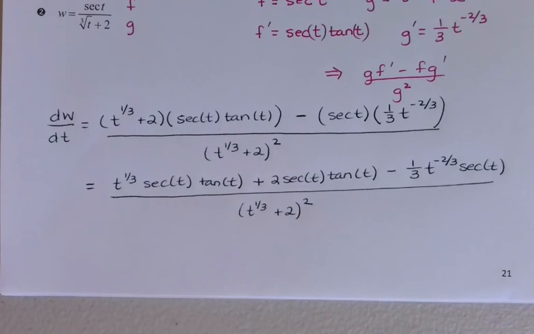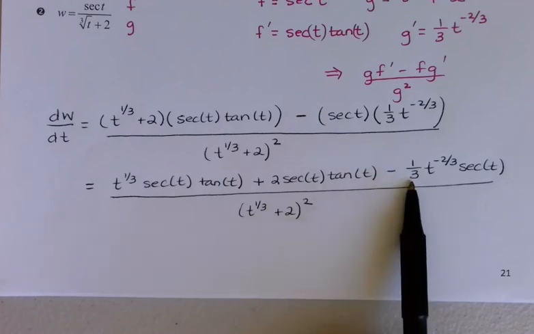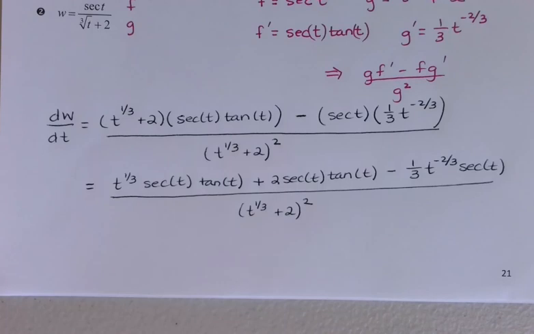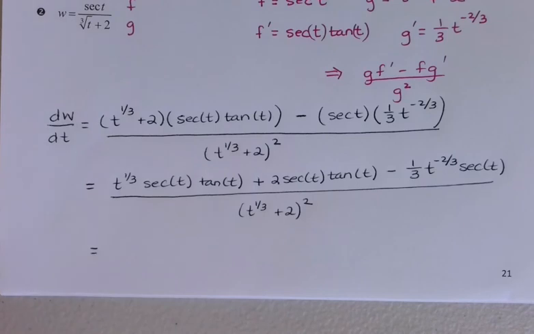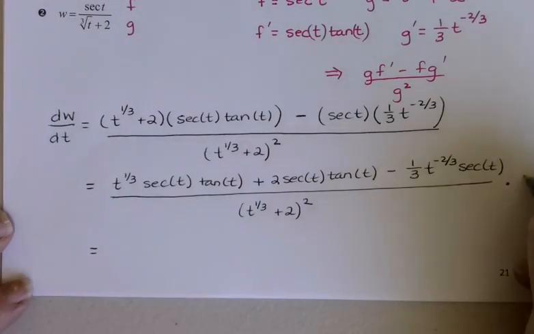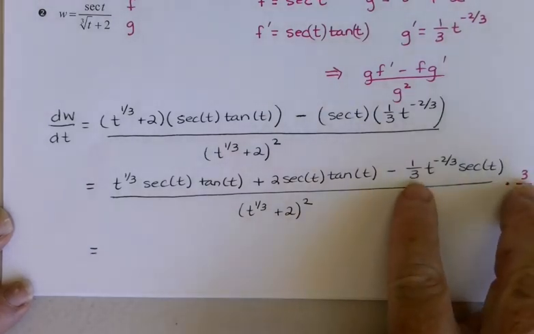Overall, this isn't bad. There's one small thing that can be kind of a pain. I do have a little bit of a complex fraction here, right? I've got the 1/3 in the numerator, and it's part of a larger fraction. So, and I'm going to call this kind of an optional step, I could go ahead and multiply top and bottom by 3, which would allow me to cancel out that denominator right there.